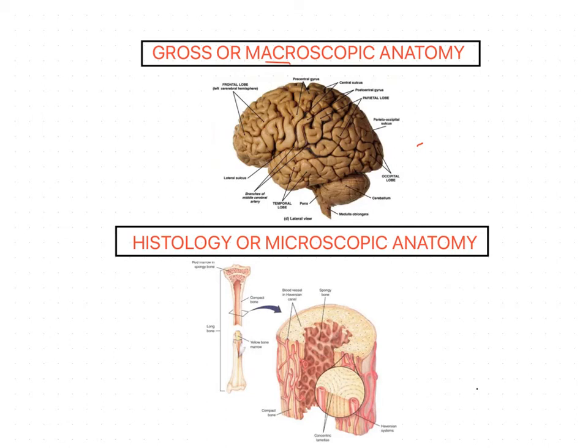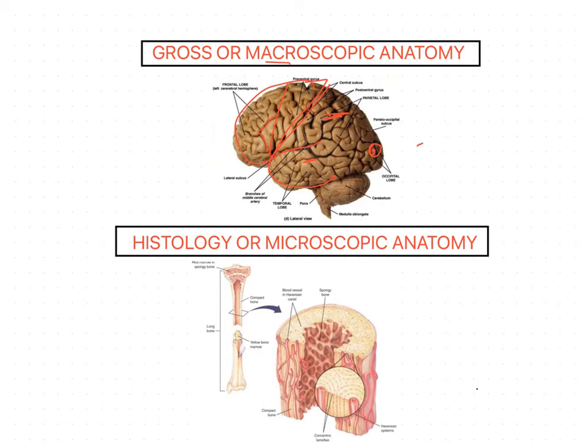Here you can see the brain, in lateral view. We can find different lobes: this is the frontal lobe, and you can see the parietal lobe, temporal lobe and the occipital lobe, and also some foldings. All these things we can see with our naked eye.